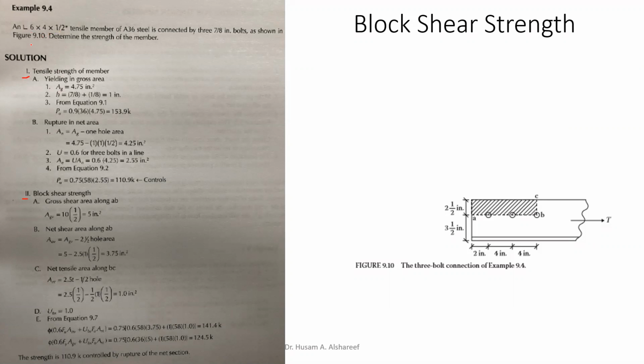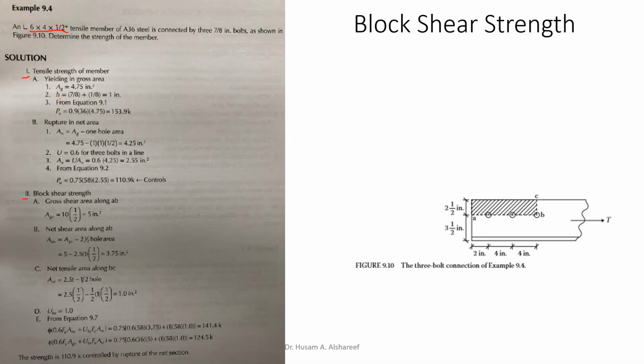But for now, if you'd like to find the gross area for this steel angle, you just Google the properties of angle 6 by 4 by 1/2, and it gives you the gross area, which is 4.75 inch squared.